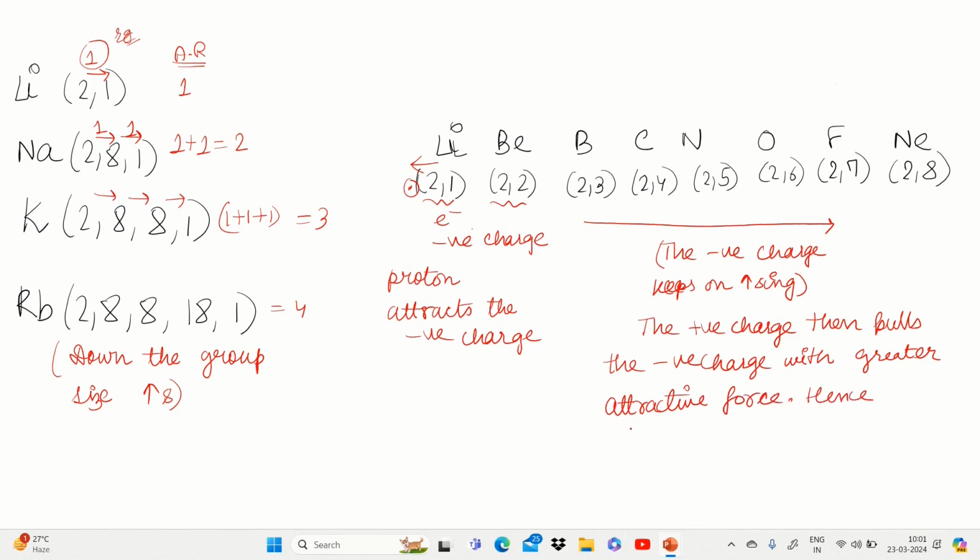Hence size decreases. So the size along the period is going to decrease because of the pull.